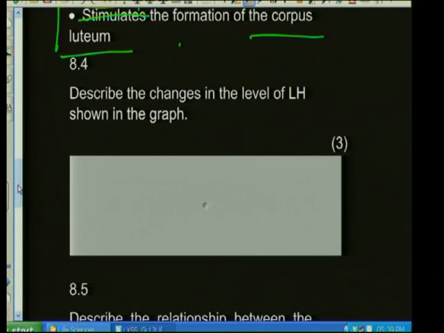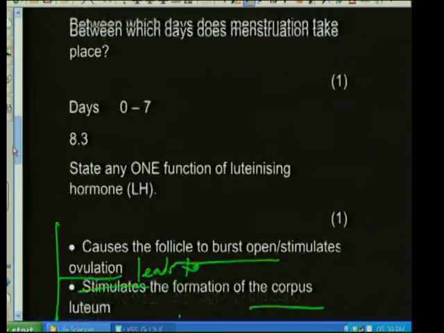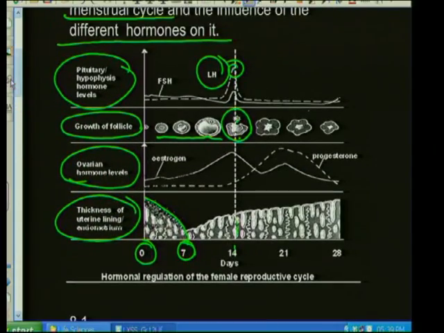So these two things happen because of the spike in LH. Describe the changes in the level of LH shown in the graph. Now look here carefully. How many marks? 3 marks are given to describe the changes in the level of LH. If you just say it increases, how many marks are you going to get? You get 1 mark. It's not enough. They're asking for 3 marks. You've got to talk about 3 different areas, so you talk of the days.